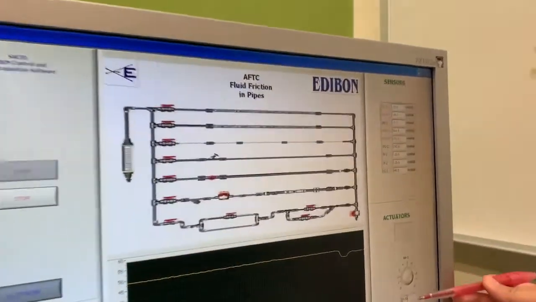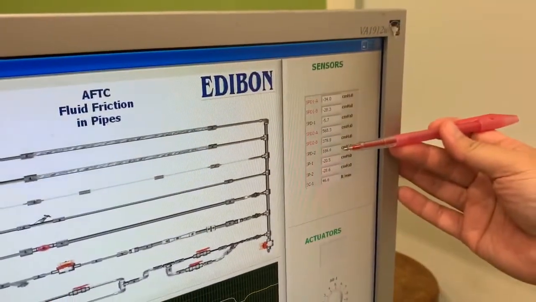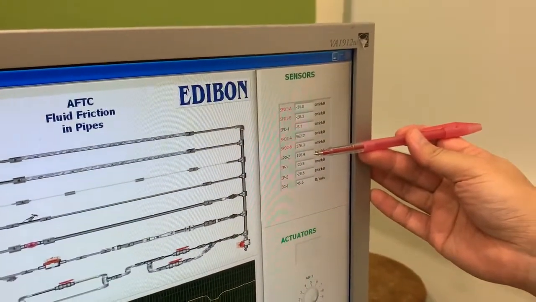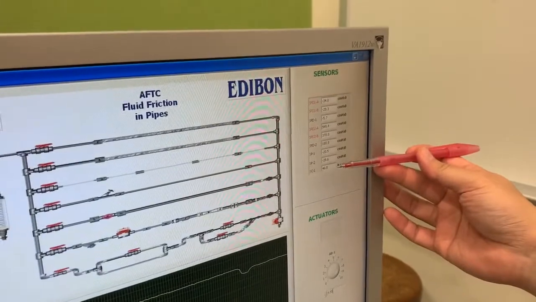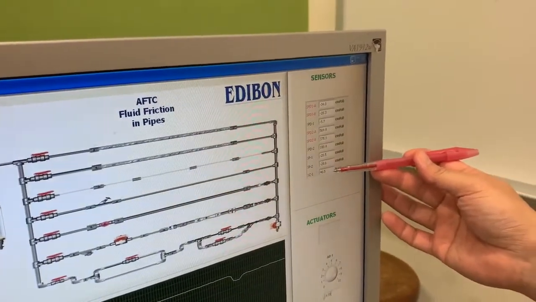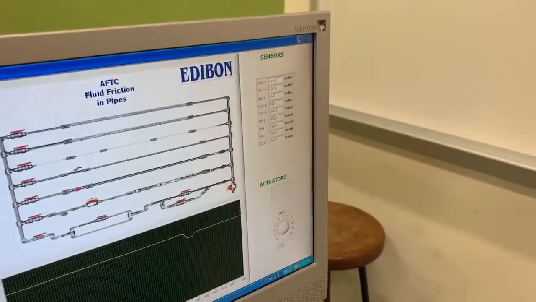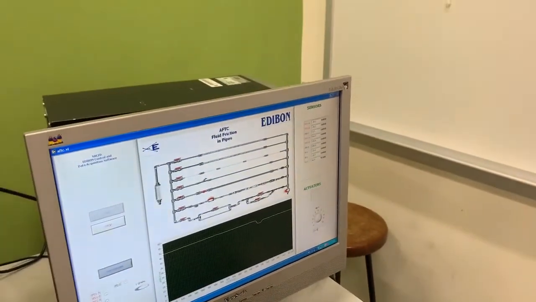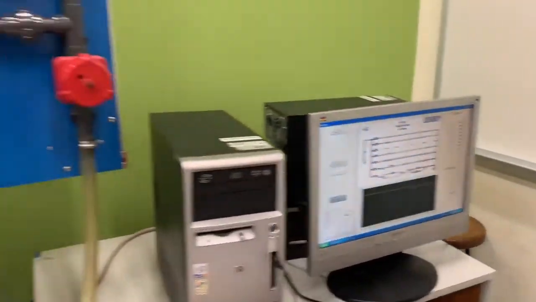We adjust the actuator so that the differential pressure is around 190. At this level, we record down the number of turns and the flow rate. We repeat this procedure until the valve has no flow rate.